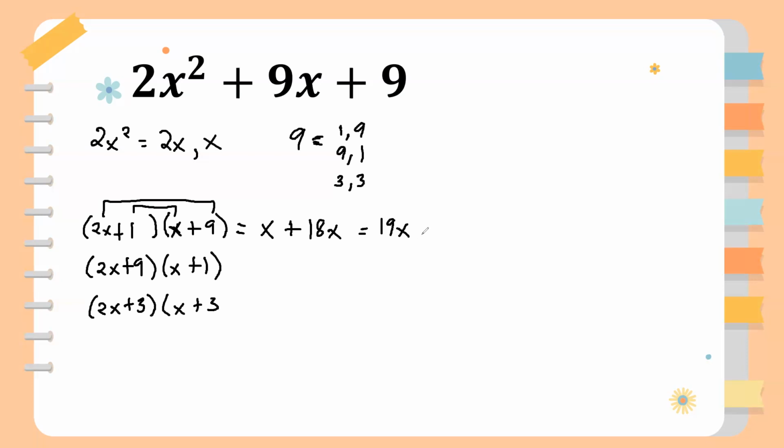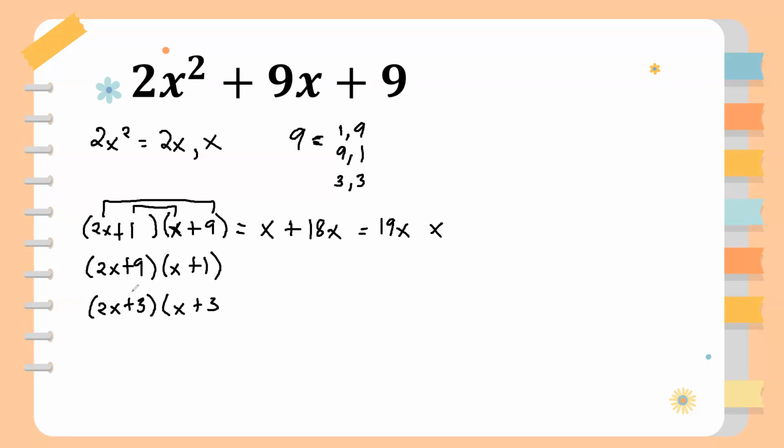And then after you get the sum of the products of the inner and outer terms, sabi sa pangatlo, yung sum daw is equal to the middle term. Now, since 9x yung nasa middle term natin, and itong nakuha natin is 19x, ibig sabihin mali ito. Okay? This is not the factored form.